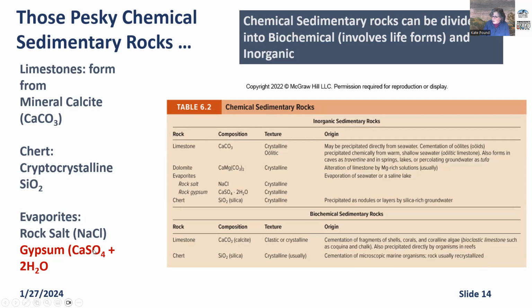So that's calcium sulfate. And gypsum is actually interesting because it also has some water in its chemical structure, shown here as 2H2O. That's just got to do with balancing out how everything is packed together. Think back to the mineral definitions.